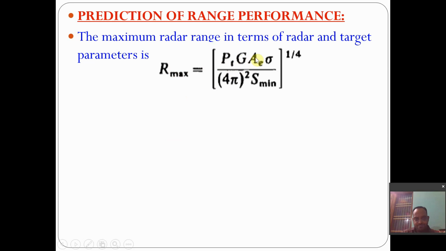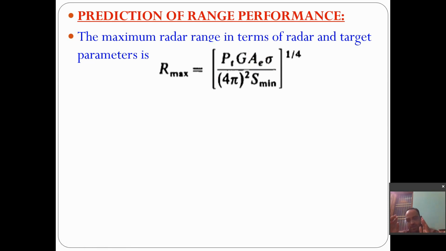Next, whatever energy is incident onto the target will be reflected back to the radar, and that signal will normally be very weak. We have to collect all the return signal with an antenna of large aperture. That means we have to receive the echo signal with a large antenna so that the received echo is stronger.